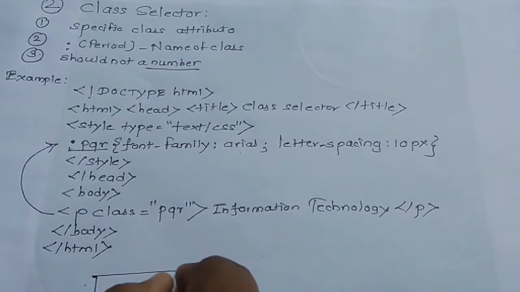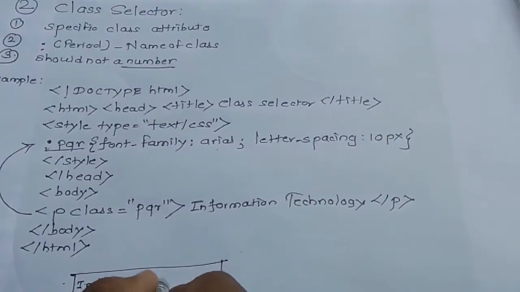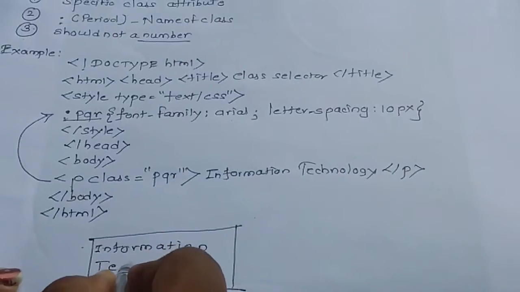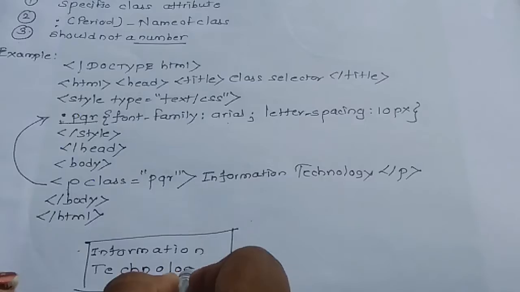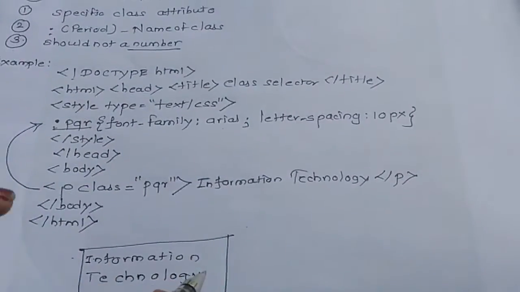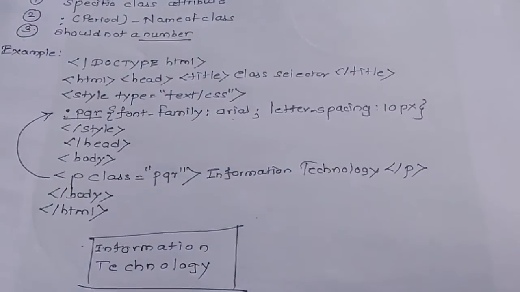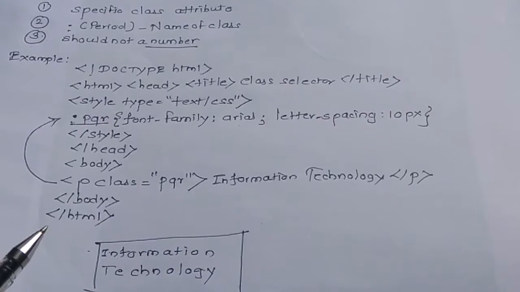When you run it in Internet Explorer, you will get the text like this: INFORMATION, and the next text TECHNOLOGY. Here the letter spacing will be 10 pixels and the font name will be Arial. In this way the class selector is defined.